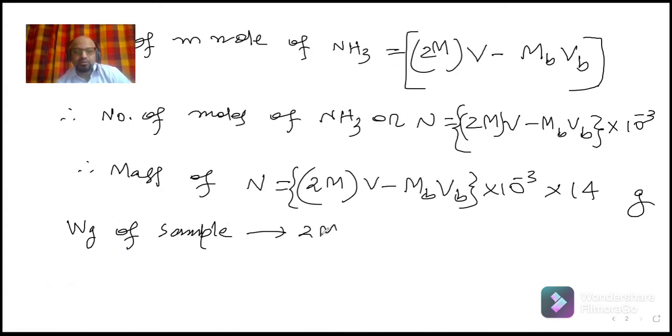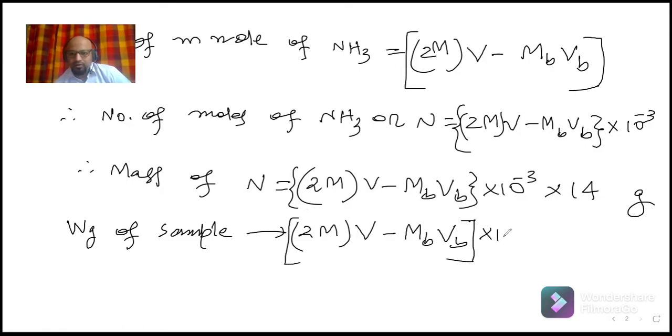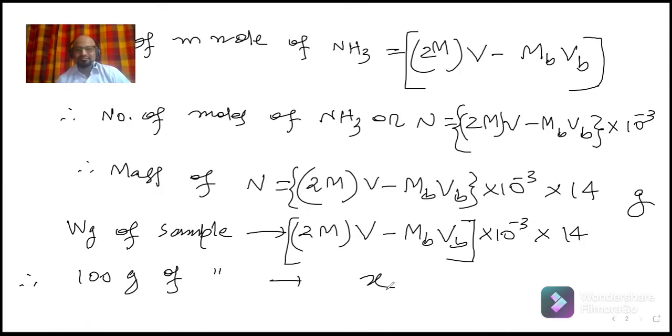This much, 2m into V minus MbVb into 10 to the power minus 3 into 14. Therefore, 100 gram of sample contains how much? X. Now just note it down.